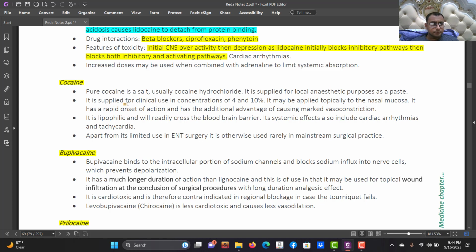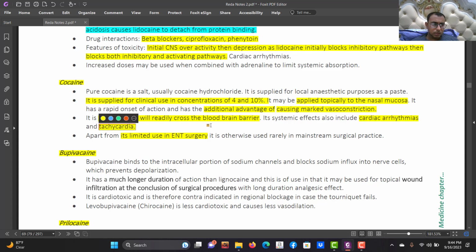In the case of cocaine, it has limited use, only in ENT surgery. It is supplied for clinical use at a concentration of 4 to 10%, applied topically to the nasal mucosa. It causes marked vasoconstriction, which is an additional advantage, and it is lipophilic and readily crosses the blood-brain barrier. So if systemic, it causes cardiac arrhythmias and tachycardia.